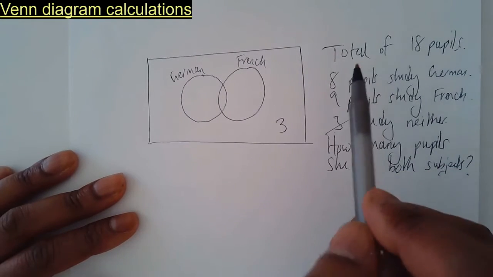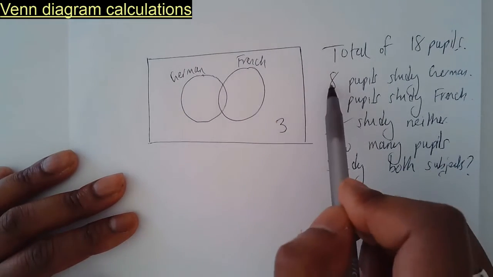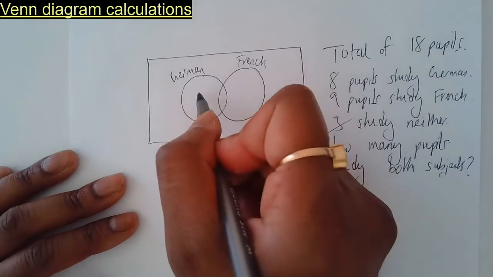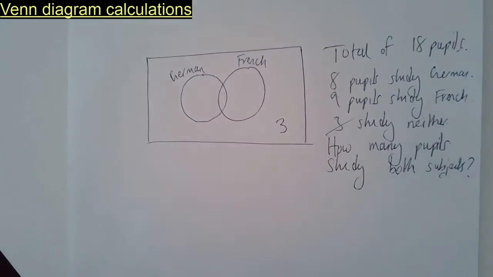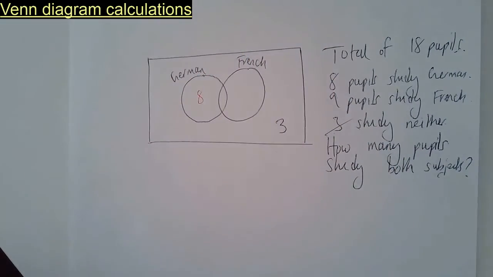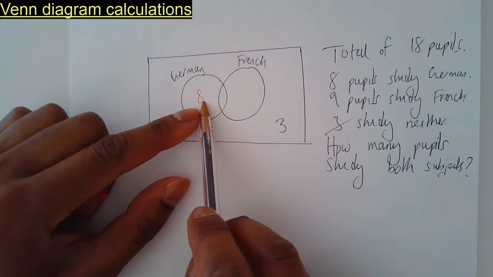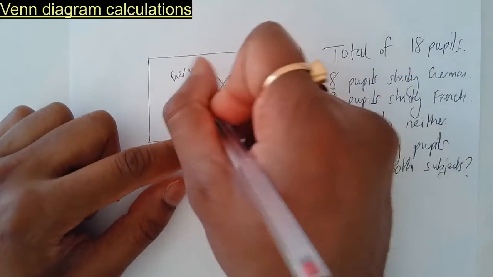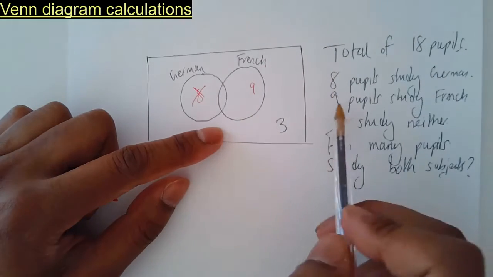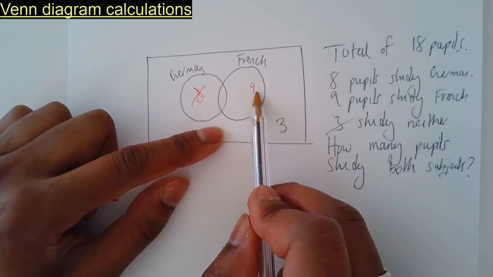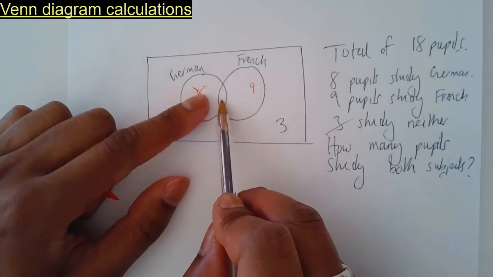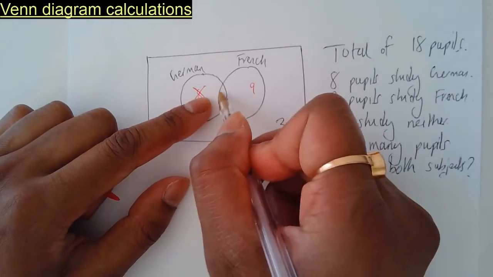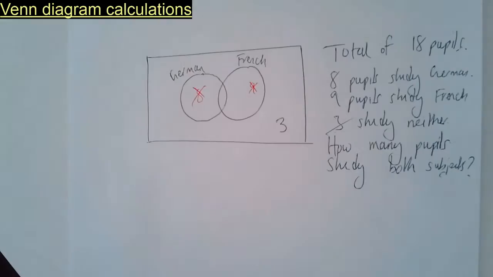Right, it's not safe to put 8. Even though it says 8 people study German, I would not want to put 8 in here, because some of those 8 pupils will be studying French. And similarly, I couldn't put 9 here because some of those 9 students could be learning German. So that's not safe to put there.